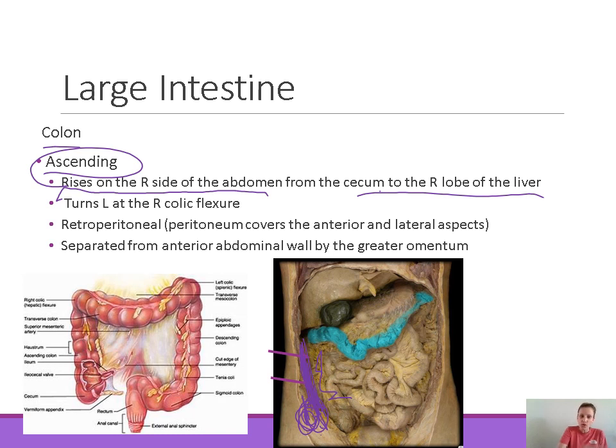Now, the ascending colon flexes forward and medially at the right colic flexure. So it's going to turn forward and towards the left at the right colic flexure. The right colic flexure is also the hepatic flexure.